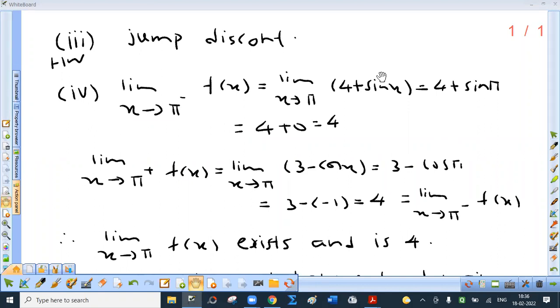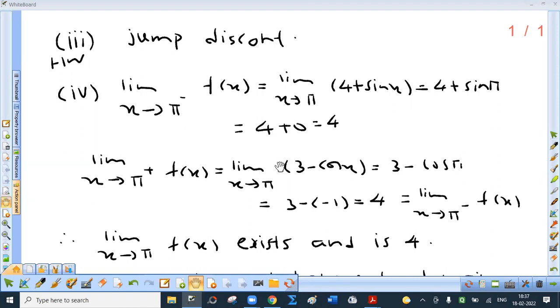Okay. Fourth one, f(x) is 4 + sin x for x less than π, equal to 3 − cos x for x greater than π. What is the value of the left-hand limit? For that, we have to consider which function? 4 + sin x. sin π is 0. So the left-hand limit is 4. What about the right-hand limit? For that, we have to consider which function? 3 − cos x. cos π is −1. So the right-hand limit is 4, same as the left-hand limit.